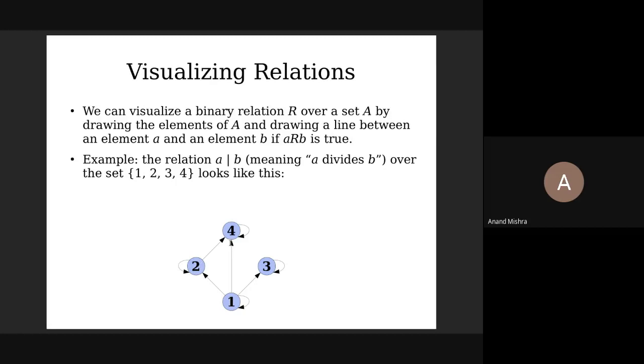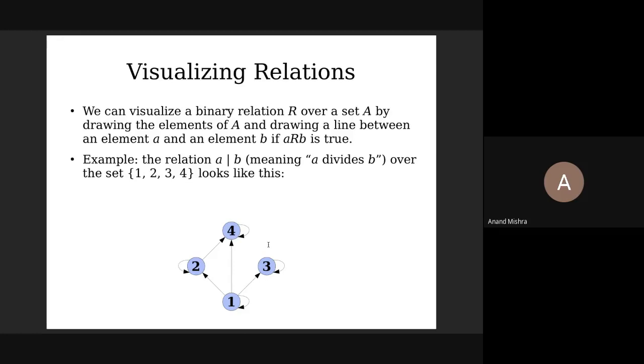So there is an arrow from 1 to 1, a self loop, because 1 divides itself. 1 also divides 4, 3, and 2, so there is an arrow from 1 to everything. There is an arrow from 2 to 4 because 2 divides 4, but not from 2 to 3 because 2 does not divide 3. There is a self loop on every node, because A always divides A. This is how relationships can be visualized.